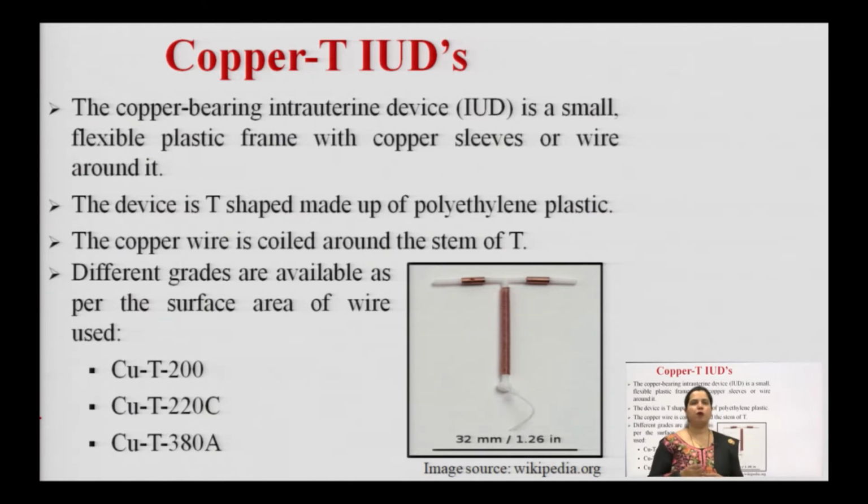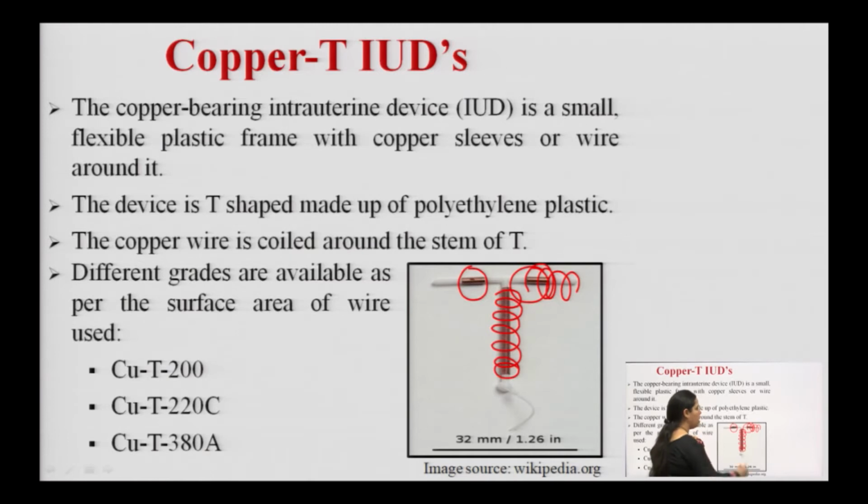The copper-bearing intrauterine device is a small flexible frame with copper sleeves or wire around it. You see in the picture that this is the device and this is the copper, coiled up like this.